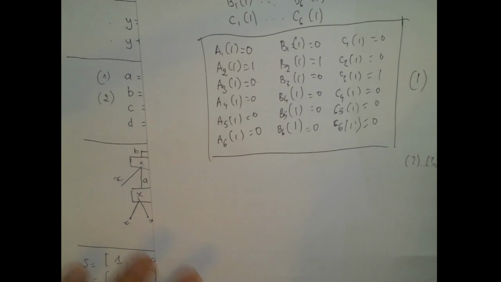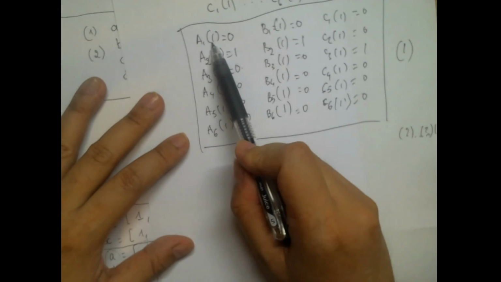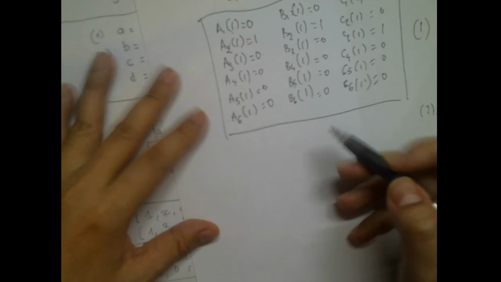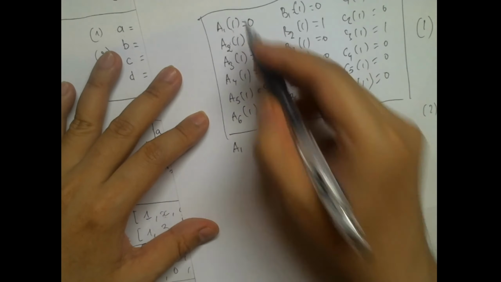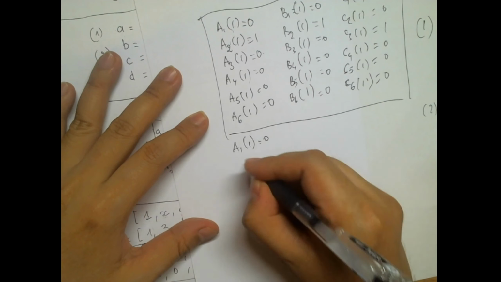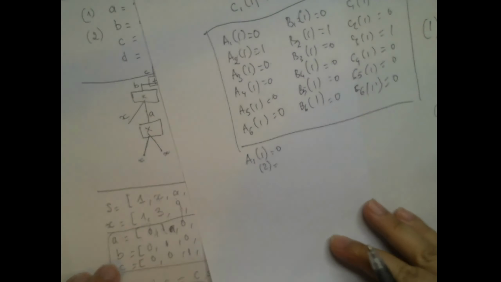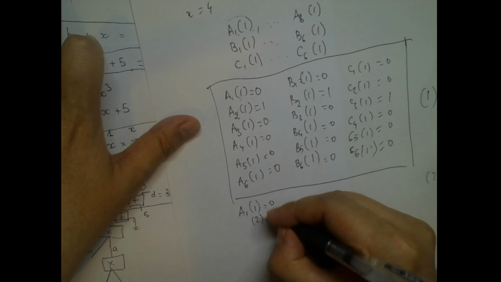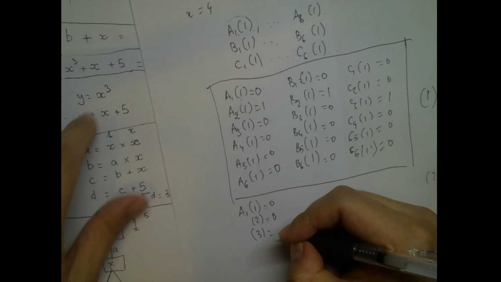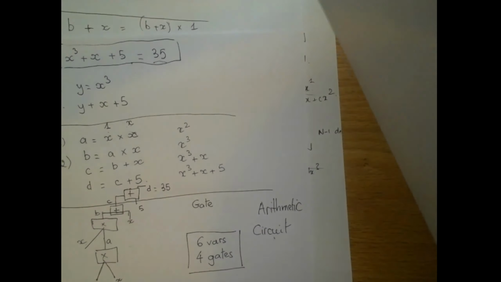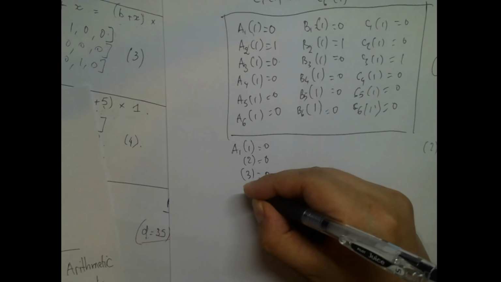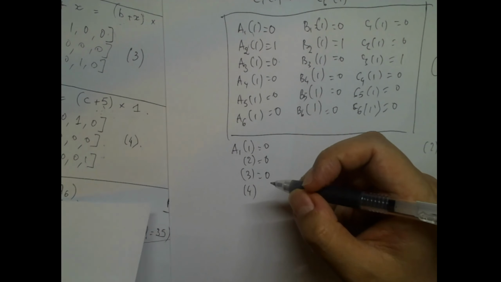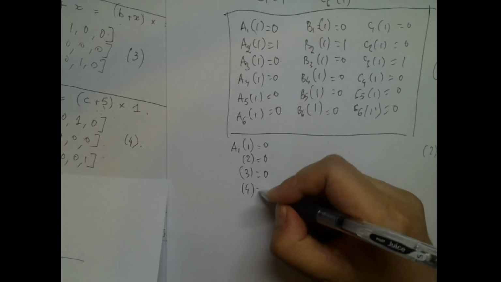Right. And at the end, you know that A1 at 1 is equal to 0, at 2 it's 0 as well, at 3 it's 0, and at 4 I guess it's 5, right?